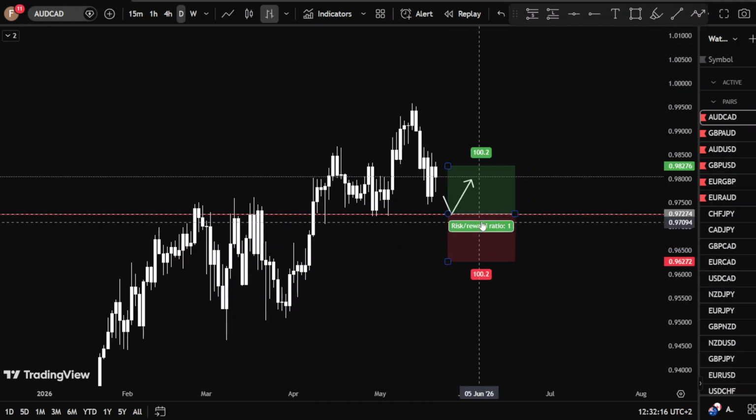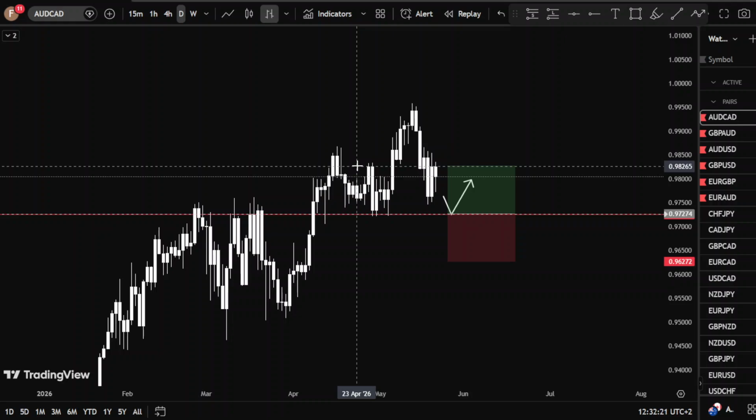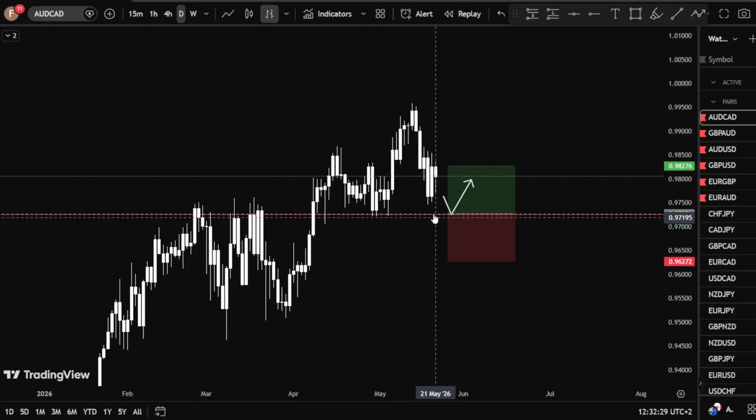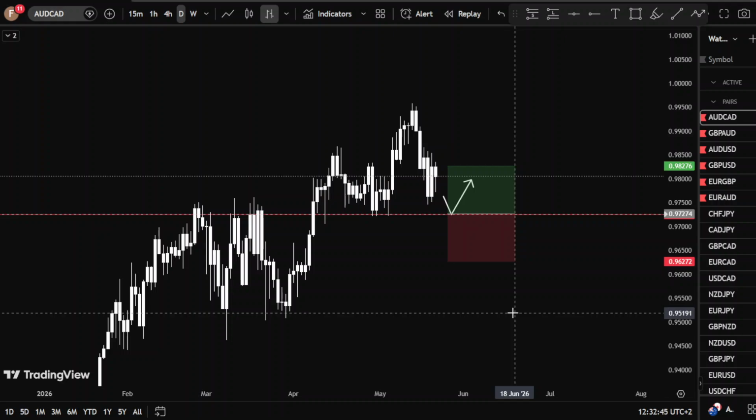I don't immediately enter when it hits the line. I usually go down to the 1 hour, or you can just see on the daily chart that when it starts to create a wick like this, because this is 1 day, it represents 1 day, when it comes down and it starts to create a wick, that's when you know it's about to come up again.